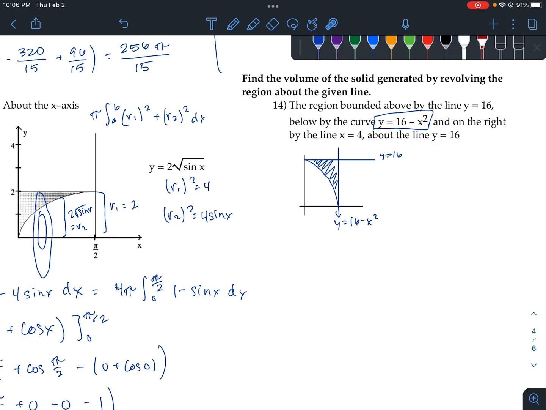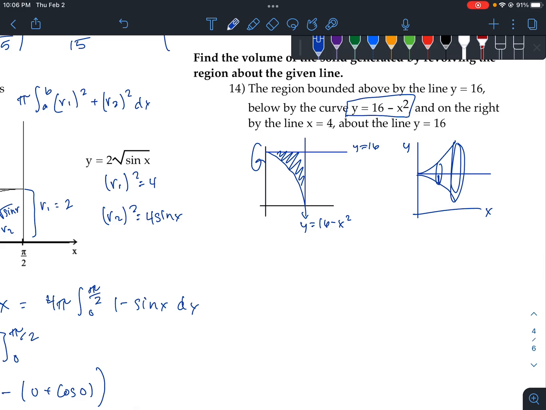And it's about the line y is equal to 16. So this is where the rotation is happening. Let's say this is the x-axis, this is the y-axis, this is the line y is equal to 16. So it should look something kind of like this right here. That's what our object is going to look like. A cross section will be right there, and this will be its radius.